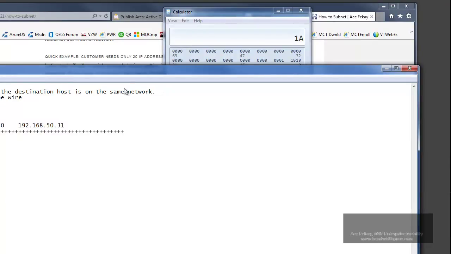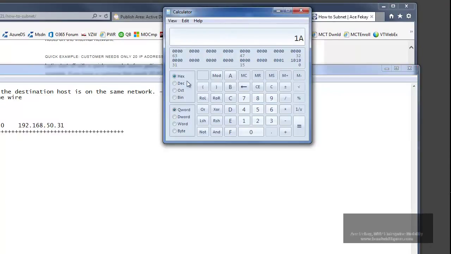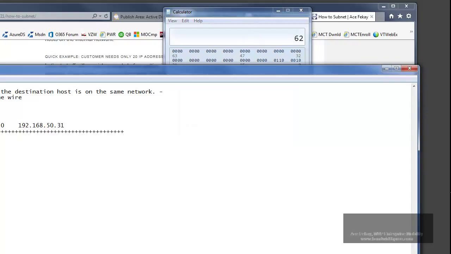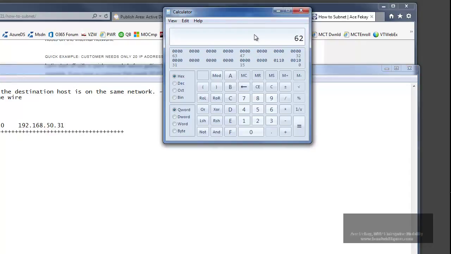I'm going to change that to hex. Decimal 98, hex 62. Next one is 139 in decimal. I'm going to change that to hex.